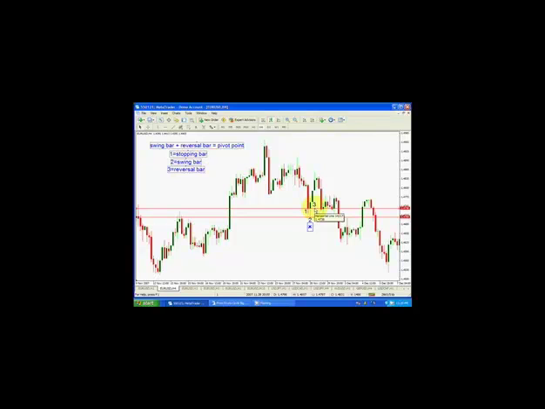Maybe at 50 pips I can't enter that trade. But now at 25 pips, that's a good deal. Especially now, if I can capture 50 pips, that's a 2-to-1 risk-reward ratio.